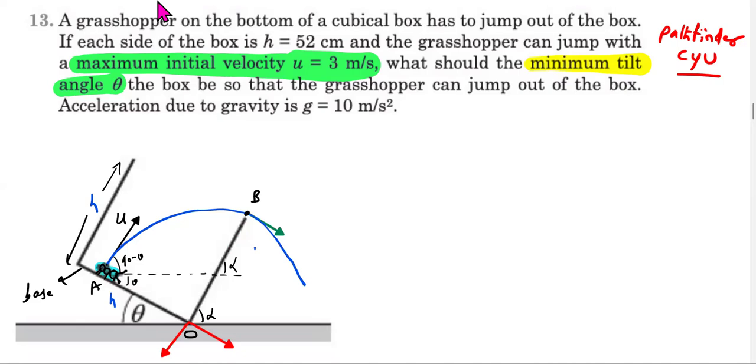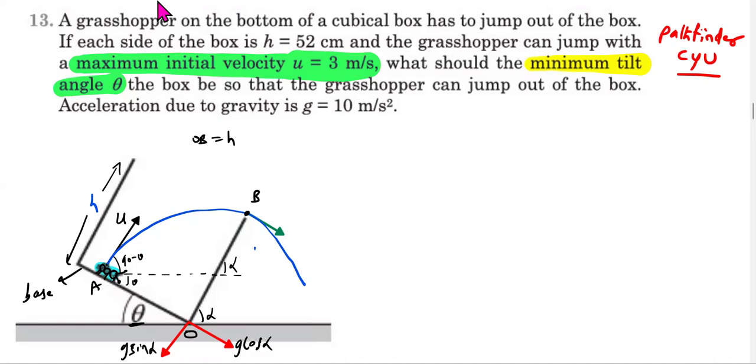Here also AO, and OB, also equal to h. Now this will be g cos alpha, and this will be g sin alpha. This theta is the unknown thing which you have to calculate.